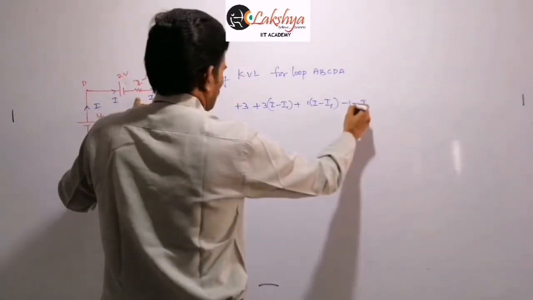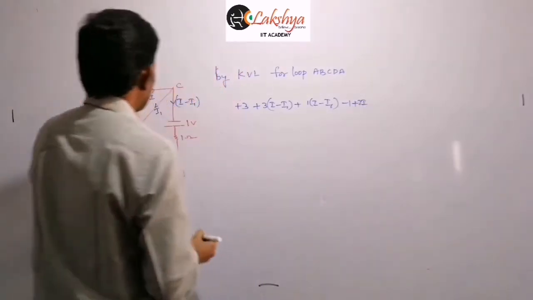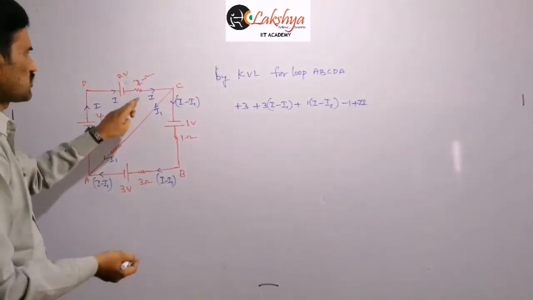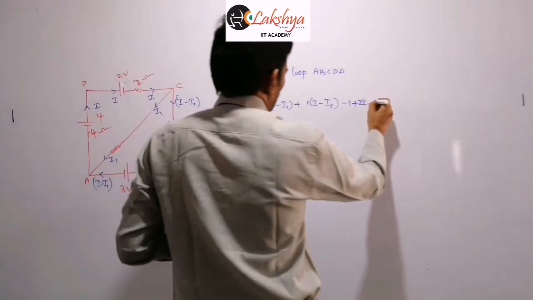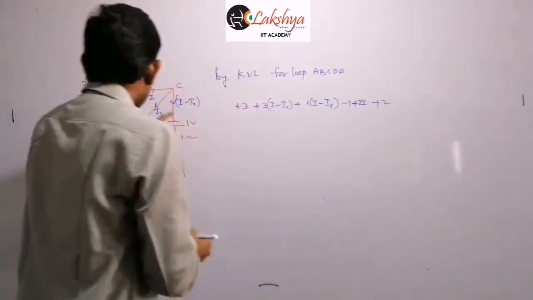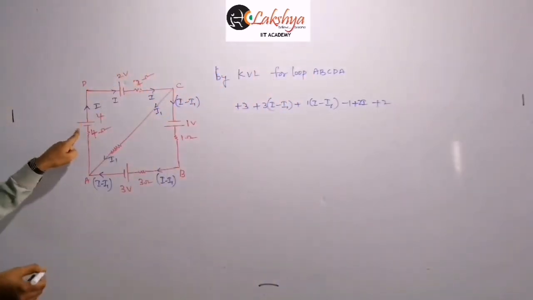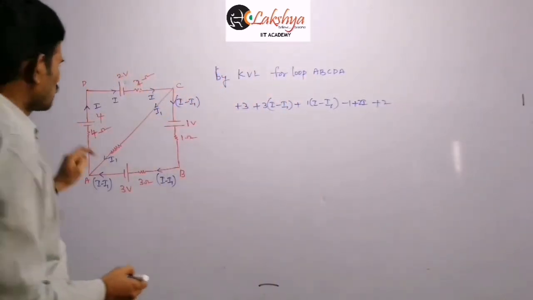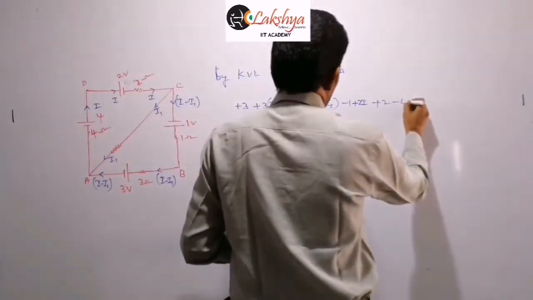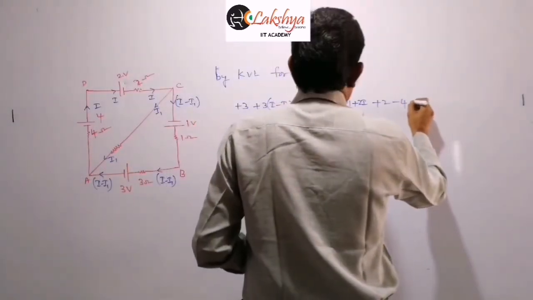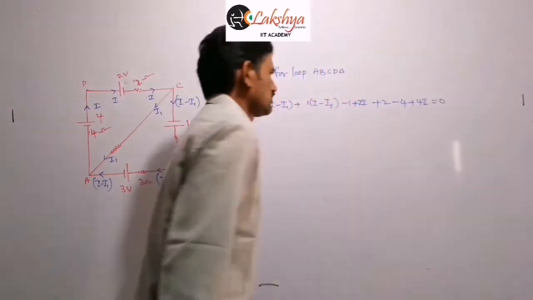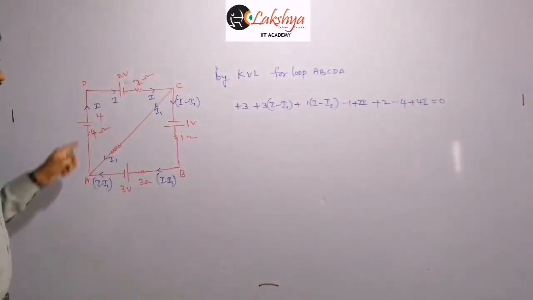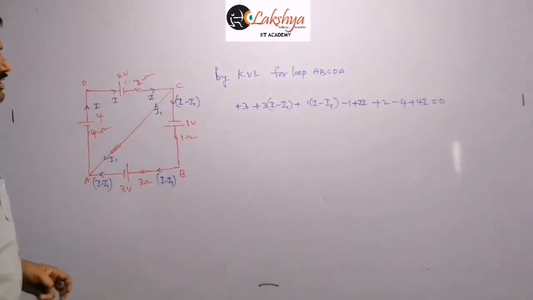So it is minus I, plus 2I, opposite the current means plus 2I. And then here we are traveling from negative to positive, so it is plus 2. Next, when we reach this, we are traveling from positive to negative, so it is minus 4, and plus 4I is equal to 0. For this resistance it will be positive, as we are traveling opposite to the current direction.